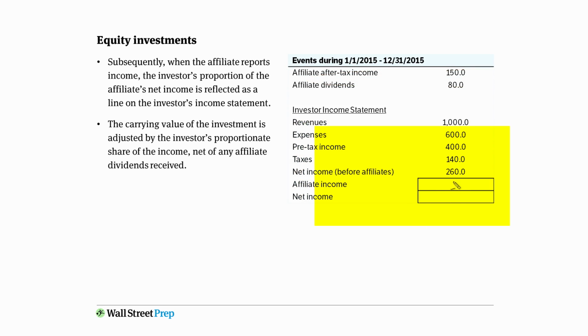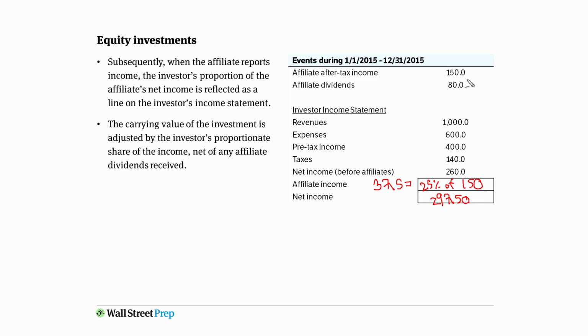So 25% of 150 is 37.5. And so the total net income for the investor is now 297.5. And understand that is a very different conceptual framework than the one we use for investment securities.